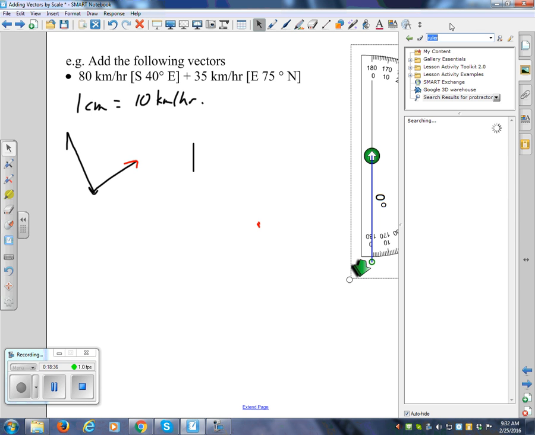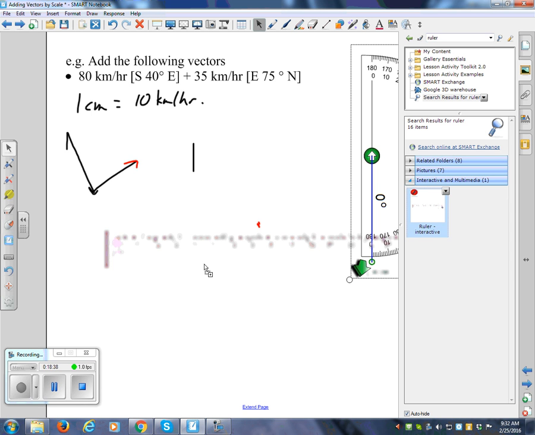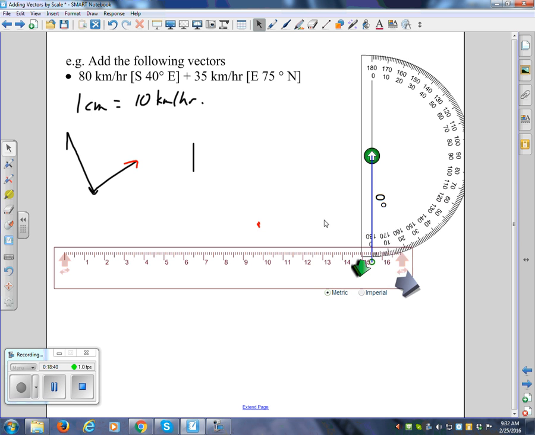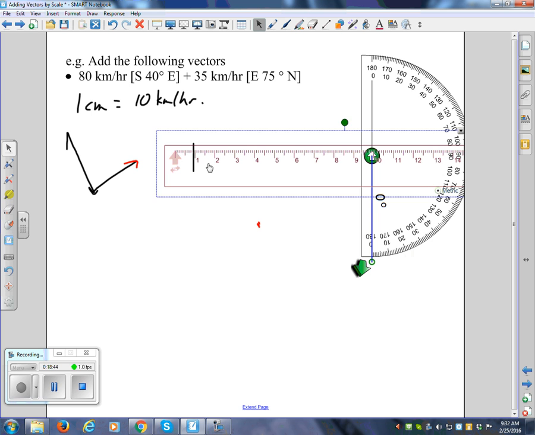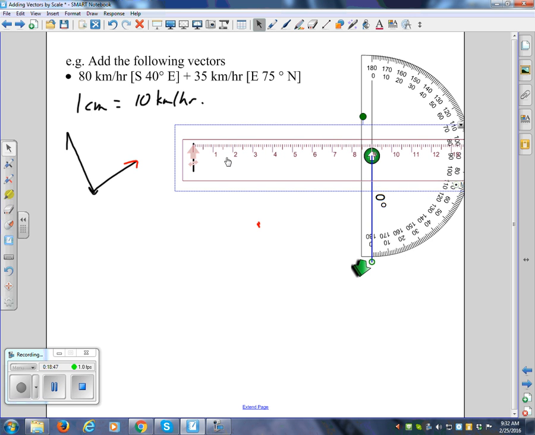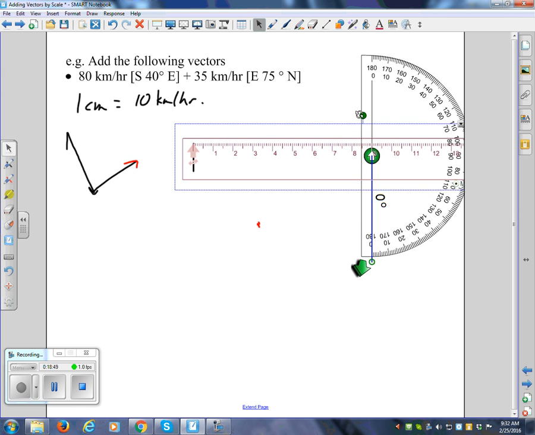Can you see how it's easy to make a lot of mistakes here? 80 kilometers, so I've got to go 8, right? From the tip, from the north end.